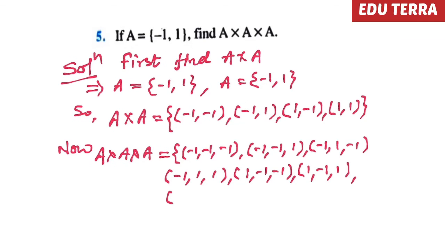Now 2 more: (1, 1, -1), because the pair (1, 1) is remaining, so (1, 1, -1), and finally (1, 1, 1). So we completed this question number 5.